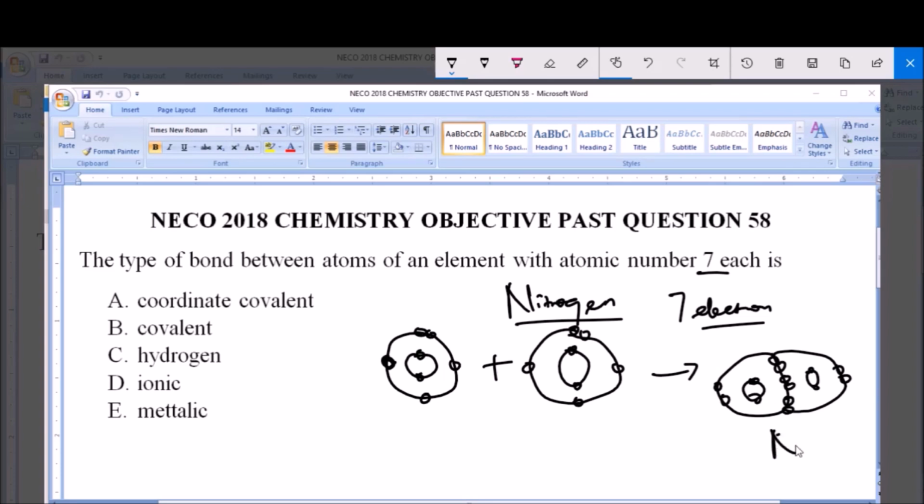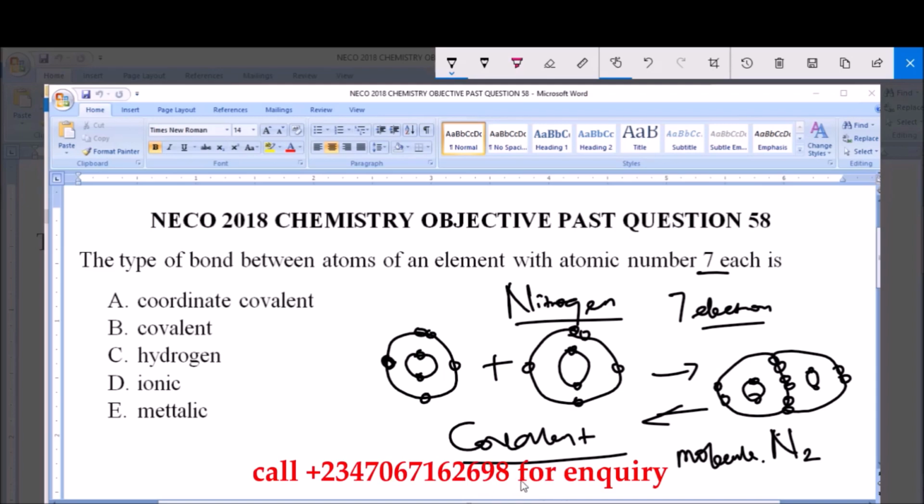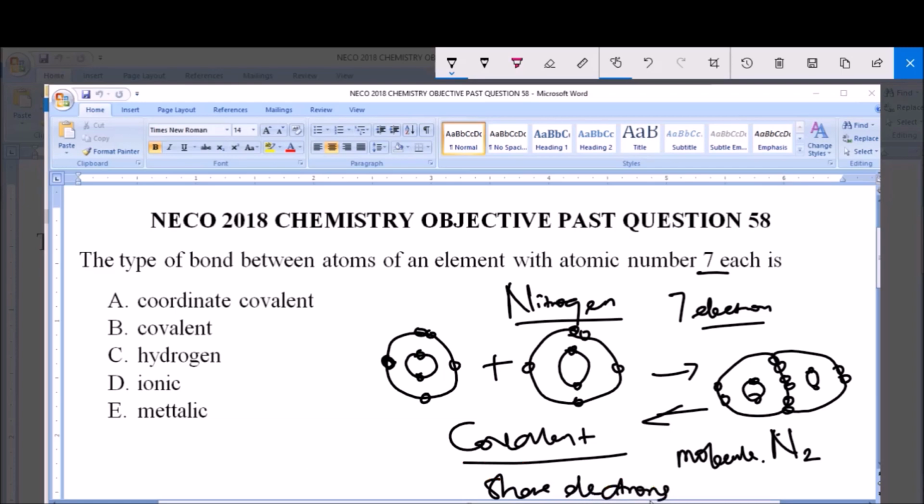So we can now call this the nitrogen molecule. Now this type of bonding is what we call covalent bonding, because covalent bonding is a type of bonding whereby the atoms involved share their electrons.